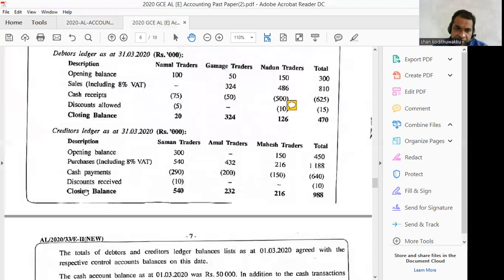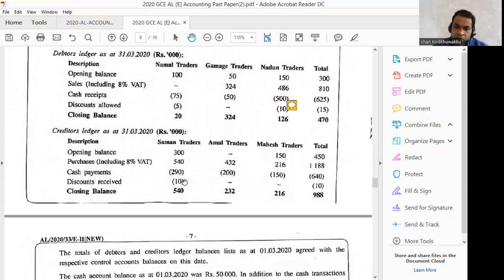Here they have mentioned discount received 10 separately. When the business settles the due amount before the given credit period, the suppliers or creditors will be happy and deduct some. That is called discount received. Saman traders has given 10,000 as discount received to the business.